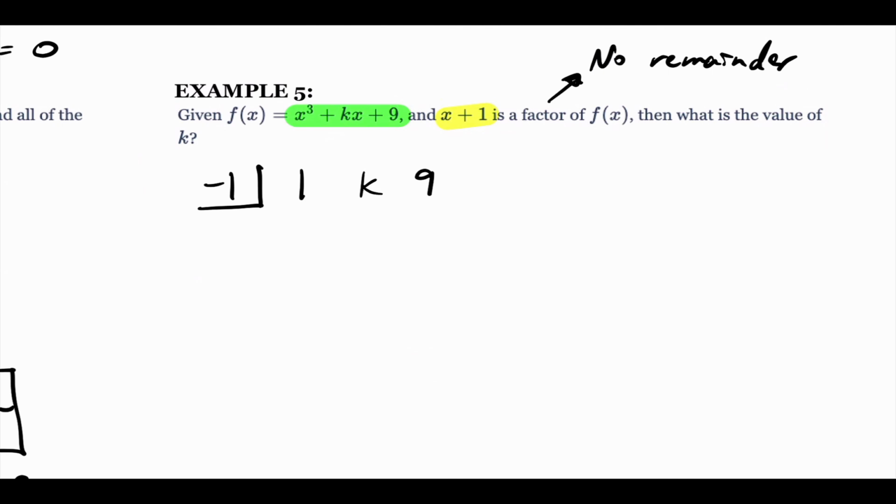Placeholder. Yeah, I need a placeholder between the 1 and the k because there is no x squared. It's 0x squared. So I need to put a 0 for a placeholder.